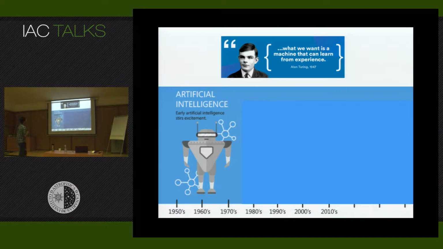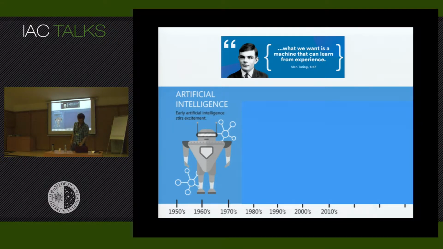I'm quoting this from Alan Turing, which says that what we want is that a machine can learn from experience. And basically, this idea of artificial intelligence, or having robots or machines that are as intelligent as humans, is old, let's say from the 50s, as we already saw this morning.